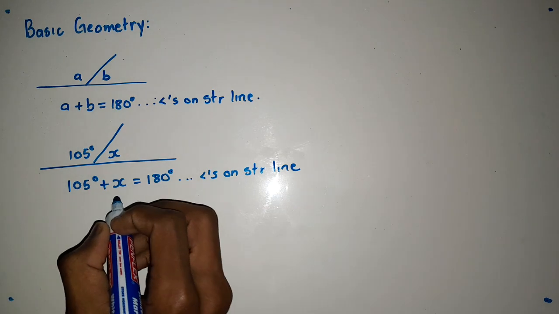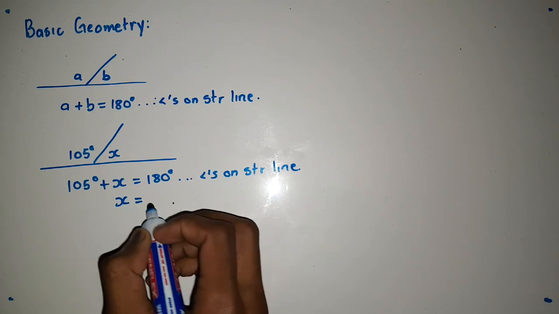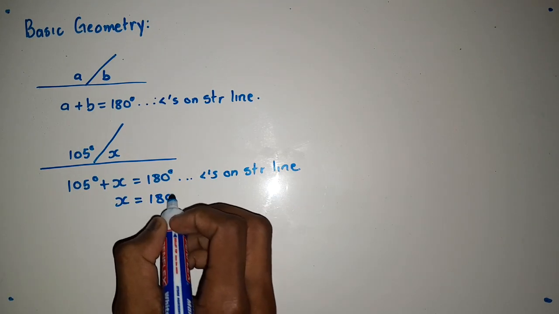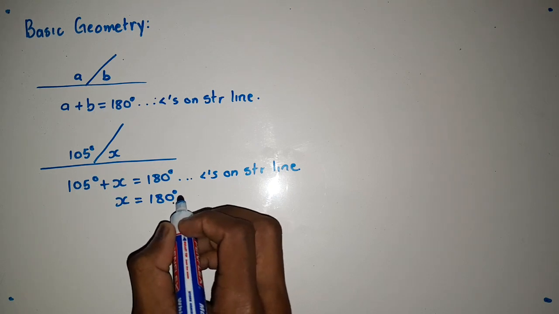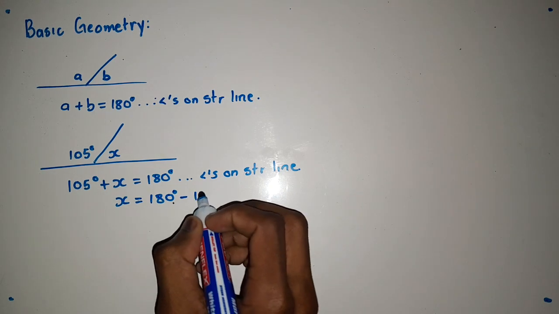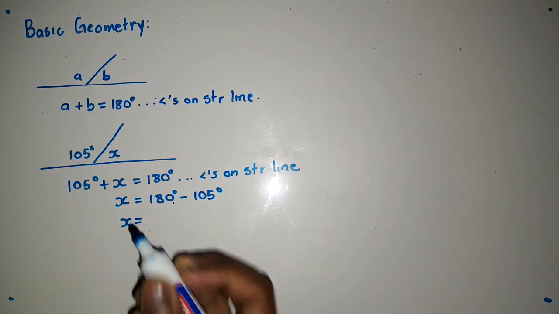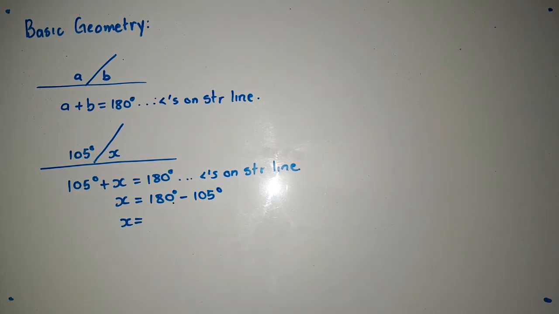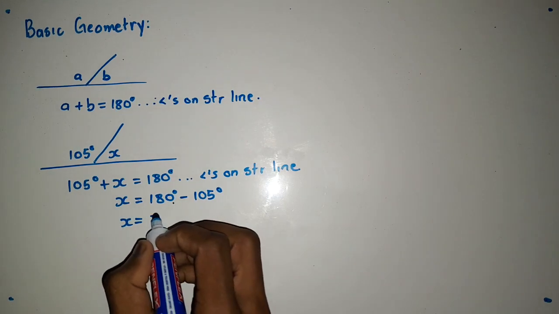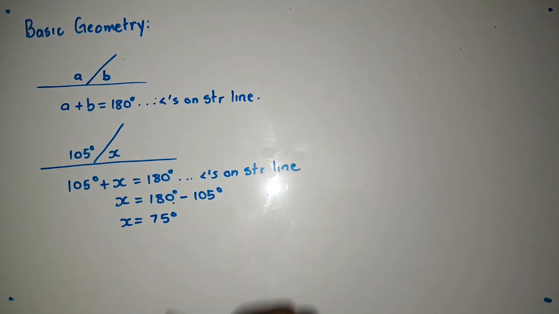Then x equals 180 degrees minus 105 degrees. 180 minus 105, you must get 75 degrees. Do you understand?